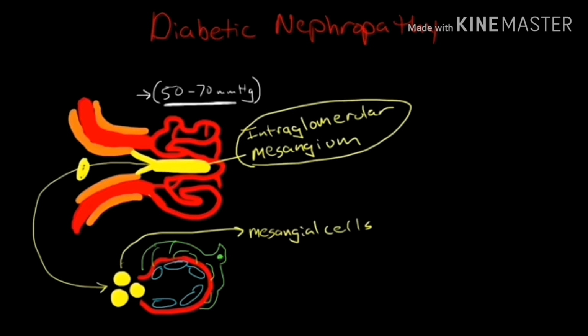So what do these cells do? Well, one thing these cells do is they create this collagen network that holds all the capillaries in place.